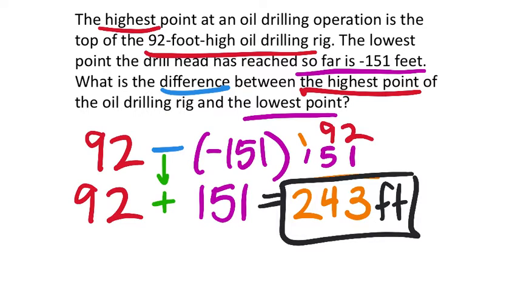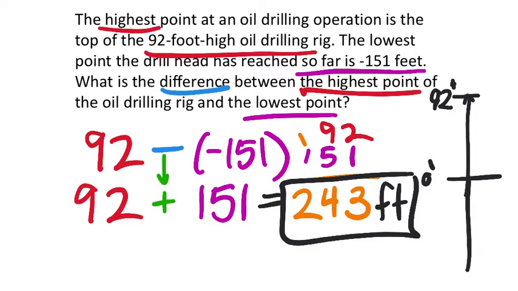Okay. Now, just in case you were wondering, a diagram is sometimes very helpful, at least for us to see visually what is going on here. So if I said this was 0 feet right there, the highest point of the drilling rig is up here at 92 feet, right? So we'll say this is 92 feet high. But then the lowest point is a negative 151 feet.